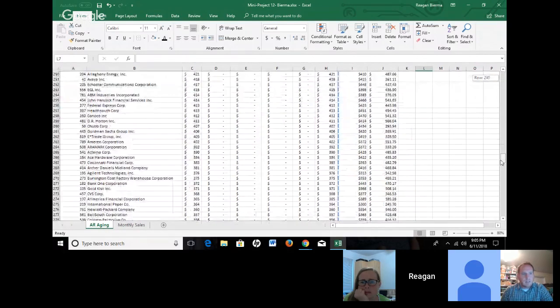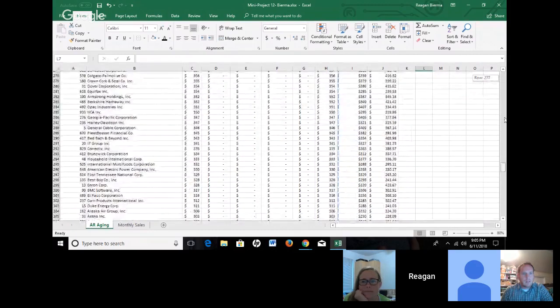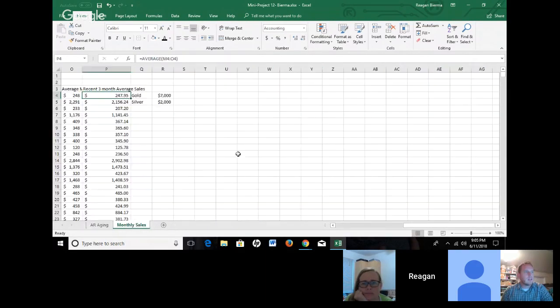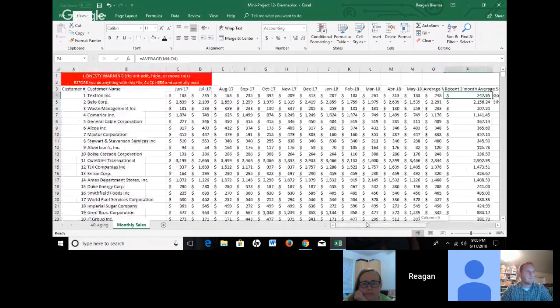Oh yeah, that was my problem. Oh, good. So for that one I just did the VLOOKUP, and I used my average formula on this sheet, and I just did it across because that's your months. So there's my average.